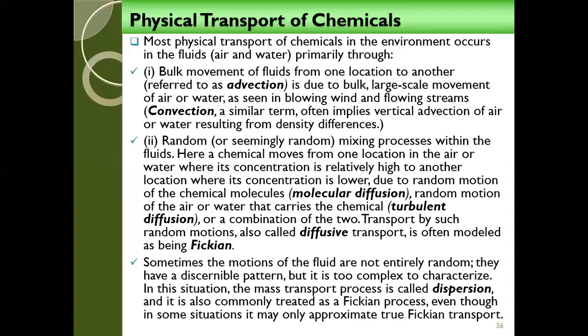You have bulk movement of fluid from one location to another. When that happens, we refer to that as advection. Okay. Then you have convection, right? It has to do with wind. Okay. Movement through wind and flowing streams.